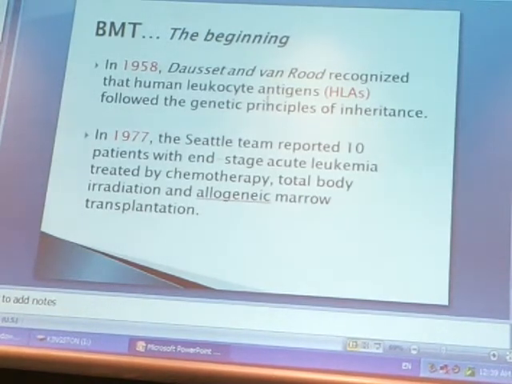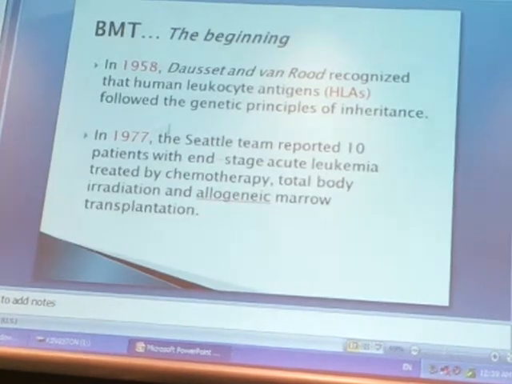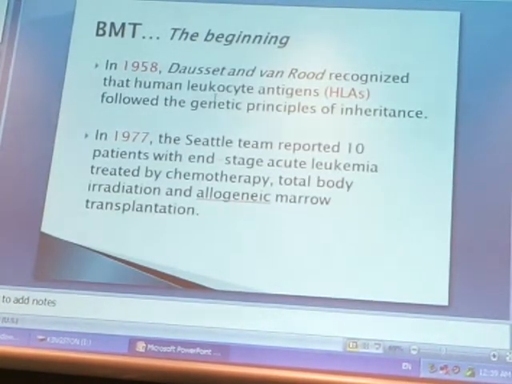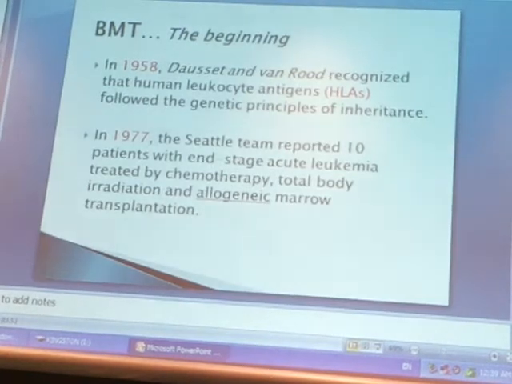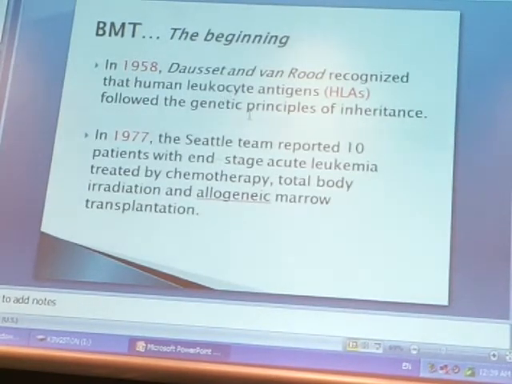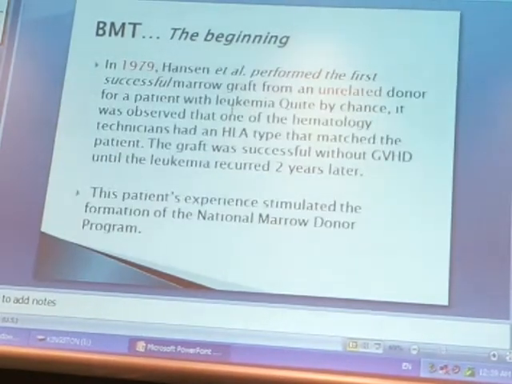looking deep into the HLA system, and then in 1977 in Seattle, they were the first who really started the transplant program, and they were successful in treating leukemia with allogeneic transplant. Then they started unrelated donors.